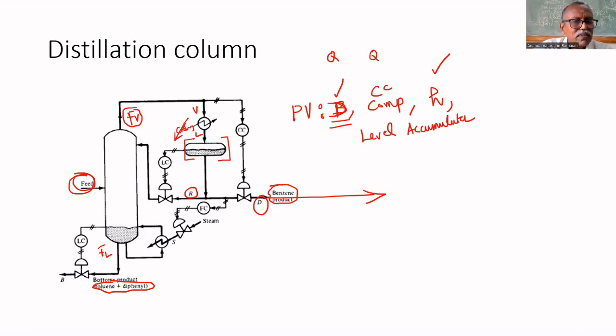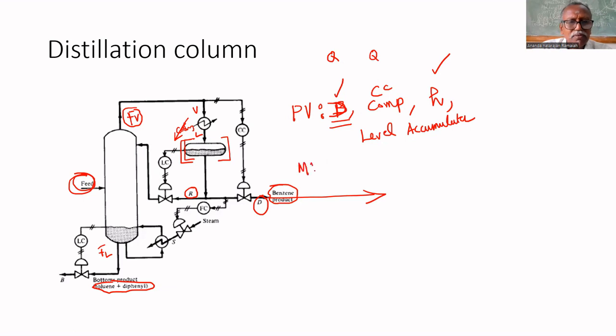It should not affect the temperature inside the distillation column. To avoid that, we are sending more reflux. Like that, we are controlling the level for any change in cooling temperature or increase in vapor product. For both, we are controlling this level. So these are the four process variables.